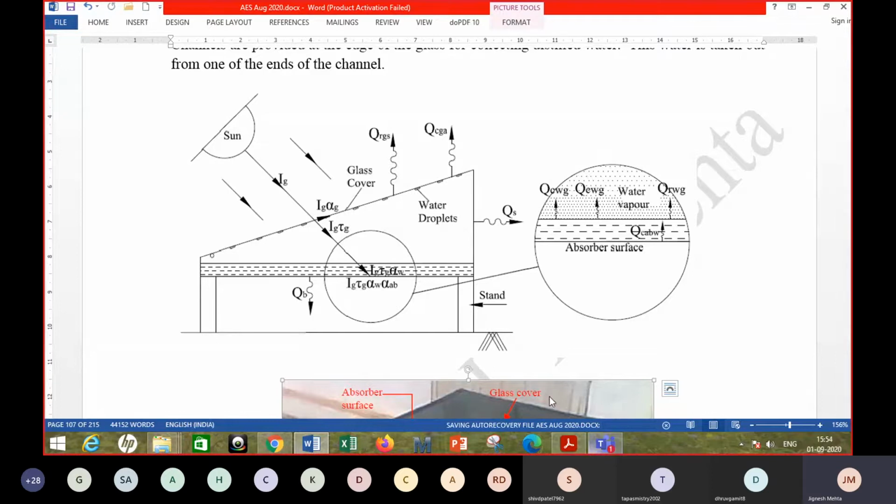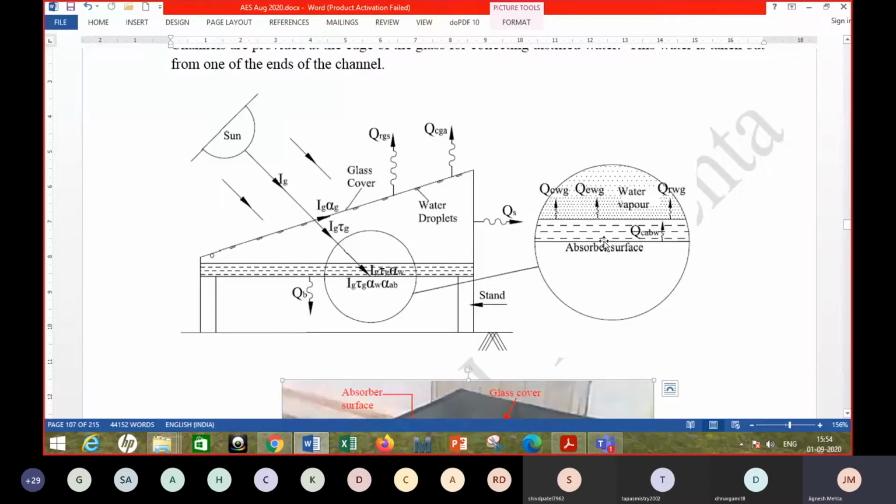So it's natural convection which is involved, right? What you see here, QC, is convection, but it's natural convection. Natural convection is that the water near the absorber surface gets heated, its density decreases and it moves up.